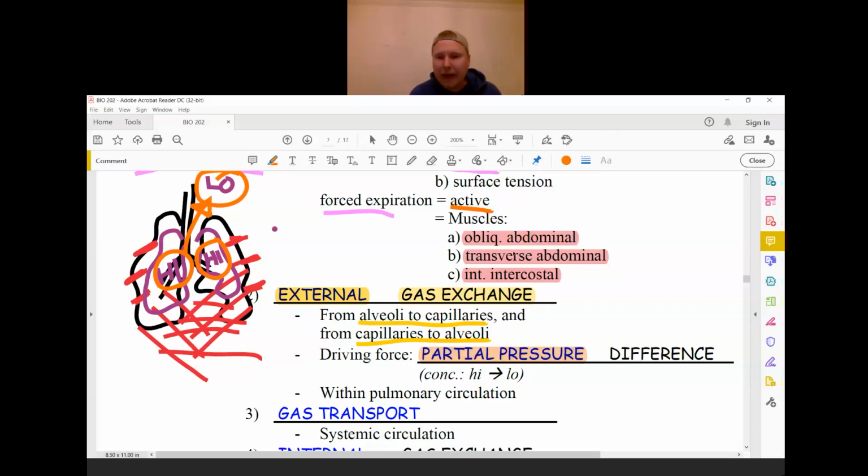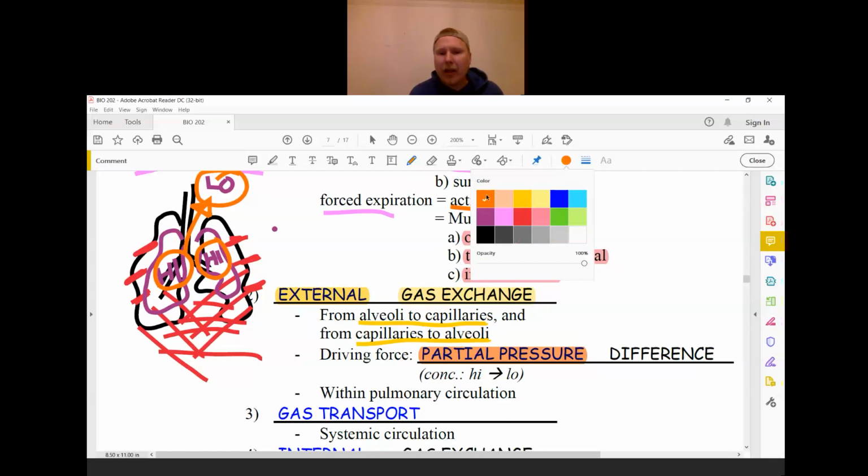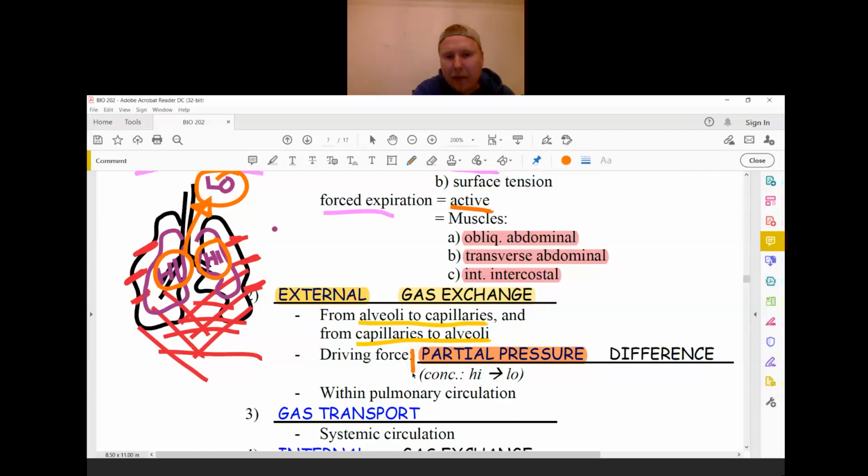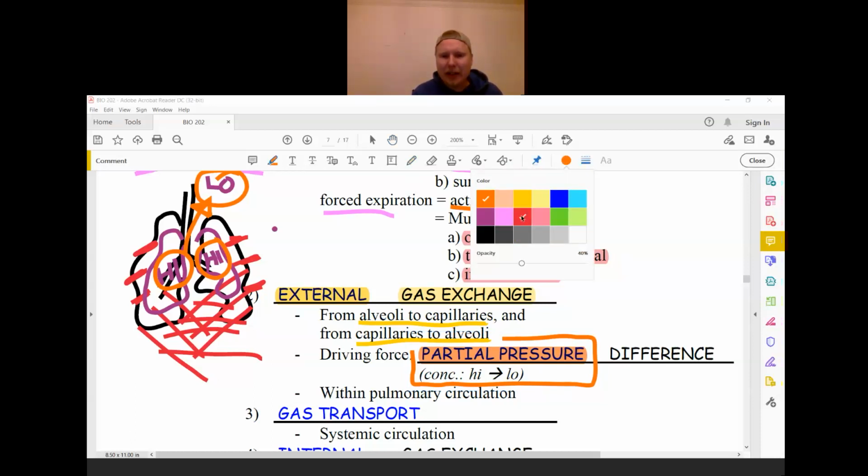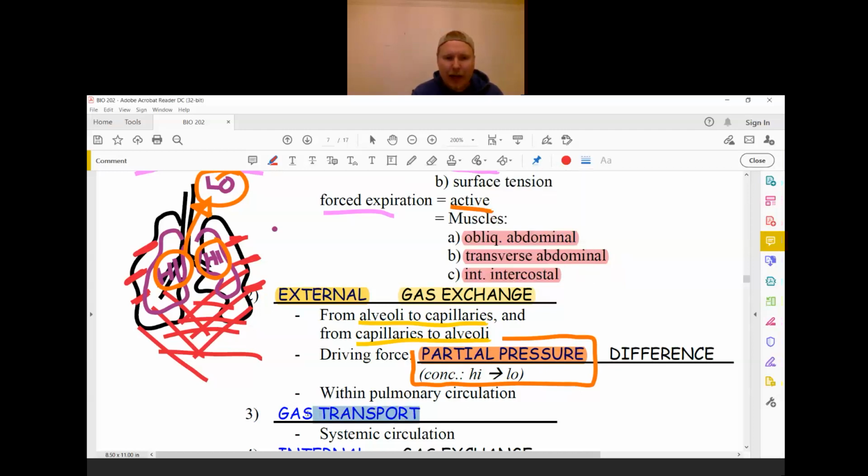So just the concept that we just talked about, that the air moves from an area of high concentration or high pressure to the area of low pressure. So breathing in and breathing out is explained with this. The next step that I want to discuss in terms of our phases of respiration is going to be the gas transport.